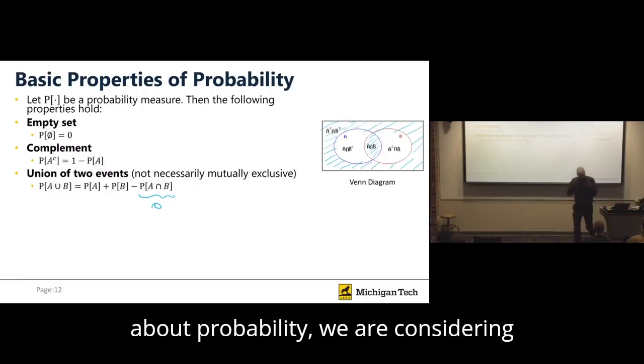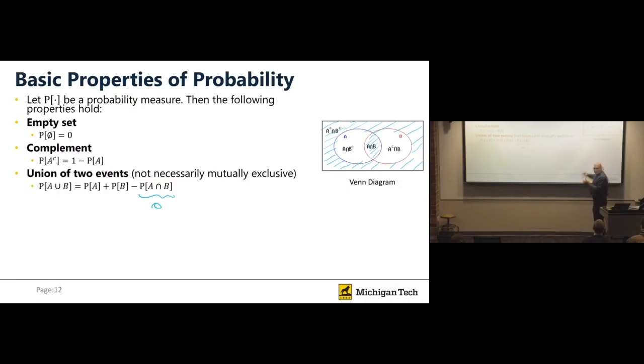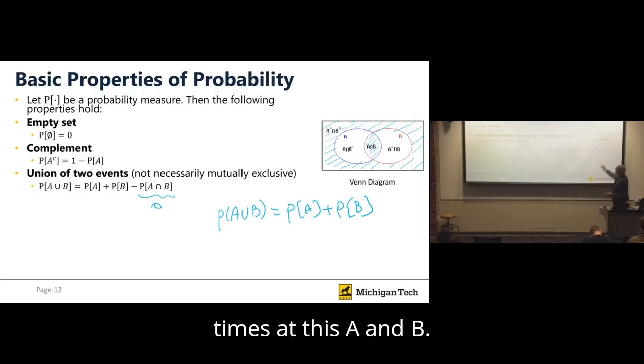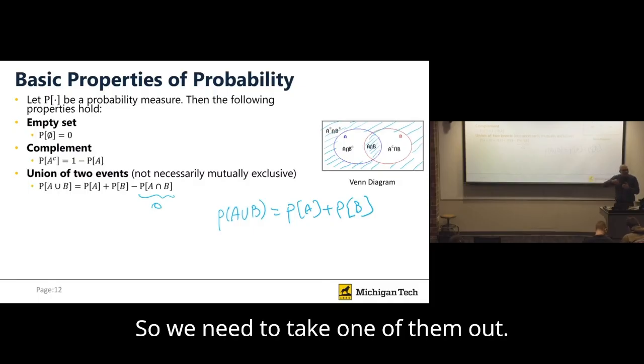When we are talking about probability, we are considering that volume. But if we write just P of A or B is equal to P of A plus P of B, we add this A and B two times. So we need to take one of them out.